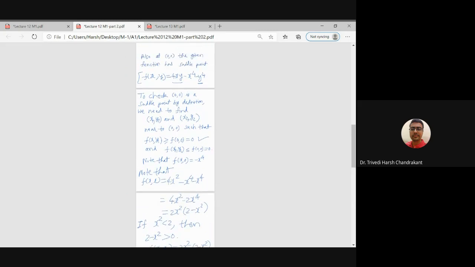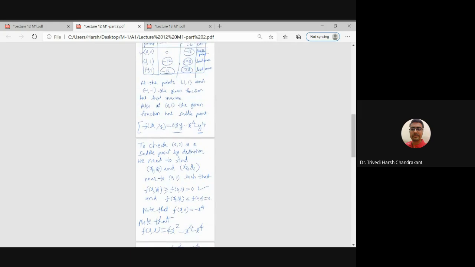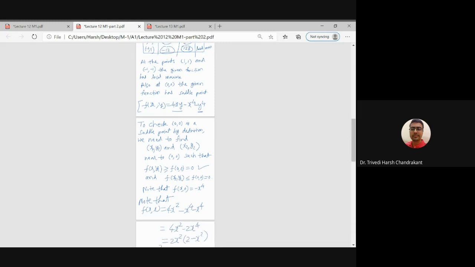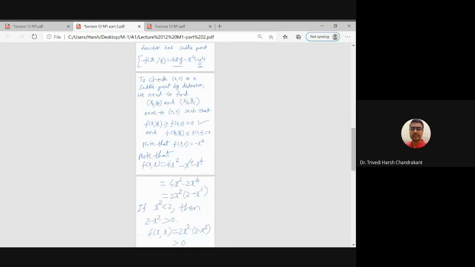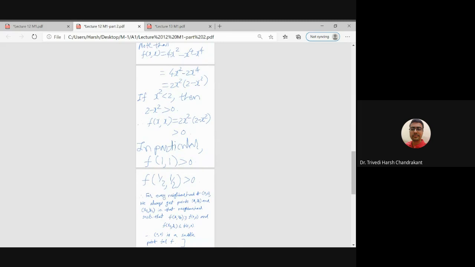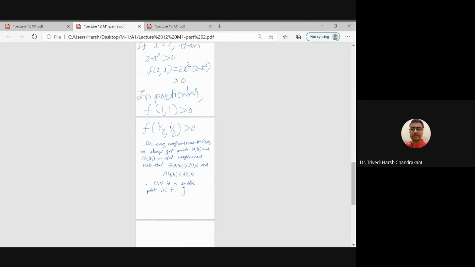So here not only did we verify that 0, 0 is a saddle point using the discriminant, we also verified that the origin is a saddle point by finding 2 points close enough to the origin such that the value at one point is less than or equal to f of 0, 0, and the value at the other point is greater than or equal to f of 0, 0.